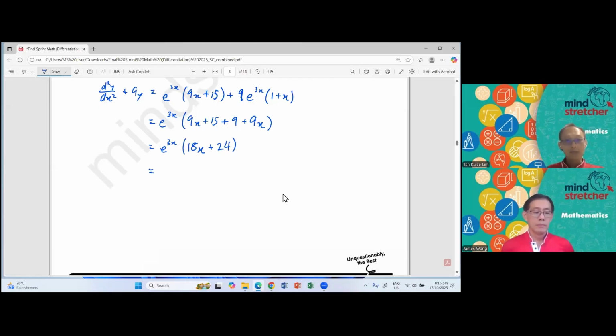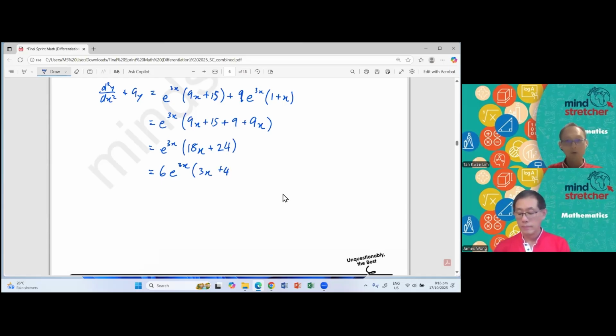So we can factorize out the 6 from this. So this is actually 6e to the power of 3x multiplied by 3x plus 4. And you notice that this e to the power of 3x times 3x plus 4 was your dy dx. So then this will be equals to 6 dy dx. Okay, so there you have it. It is proven.